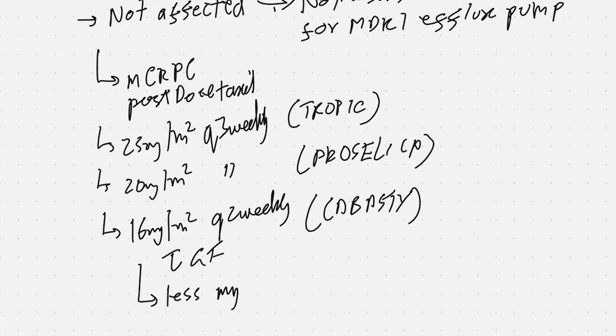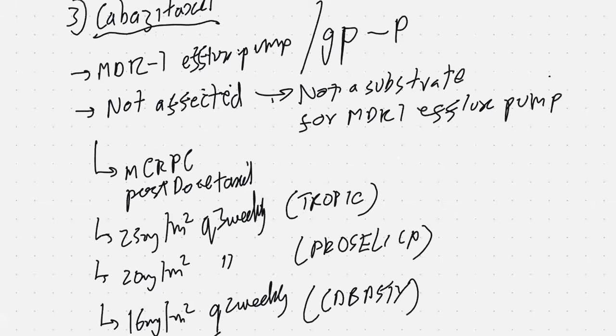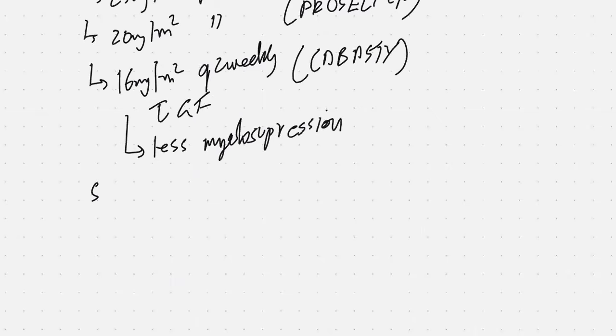Okay, so these are the various dose formats for cabazitaxel. Now, coming to the side effects, right? If you look at the side effects, it's predominantly myelosuppression. Okay, so that is what we look out for with cabazitaxel.